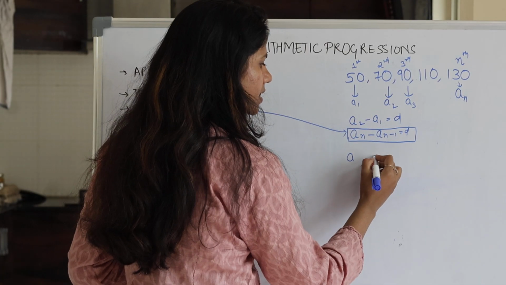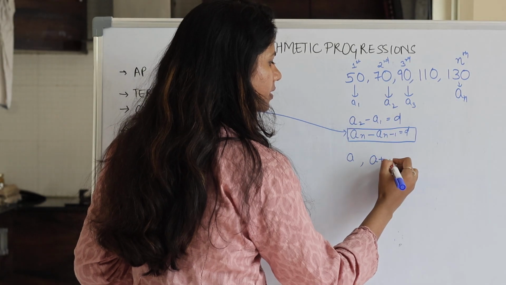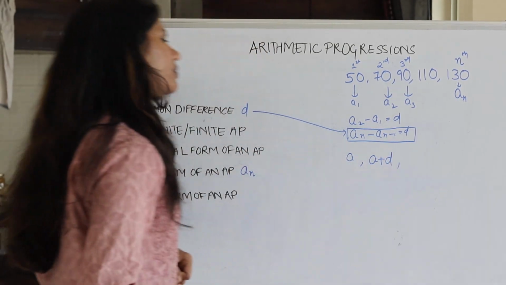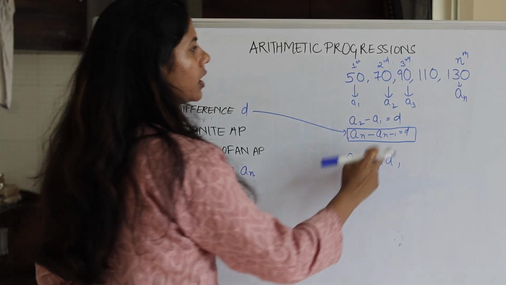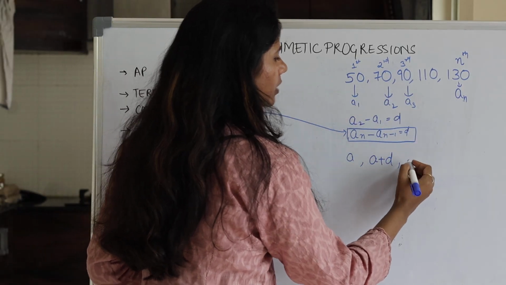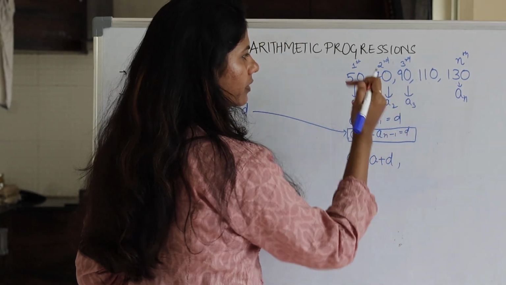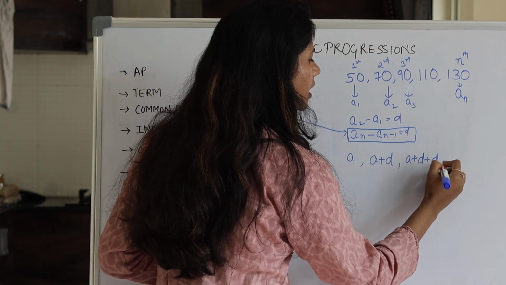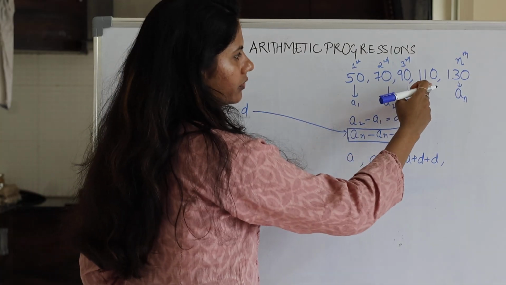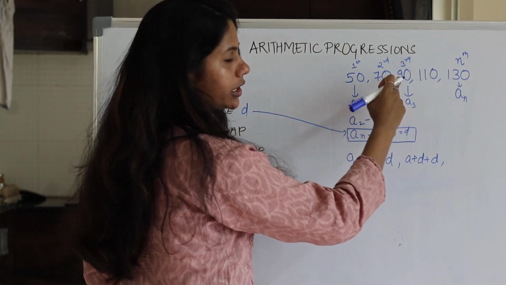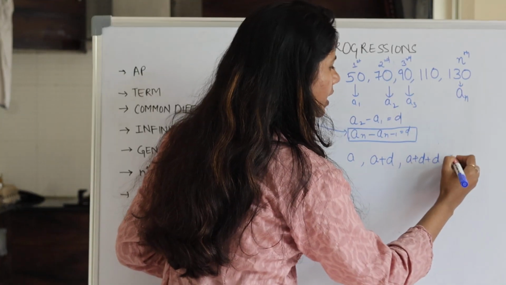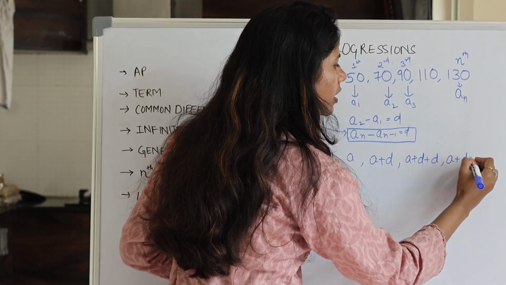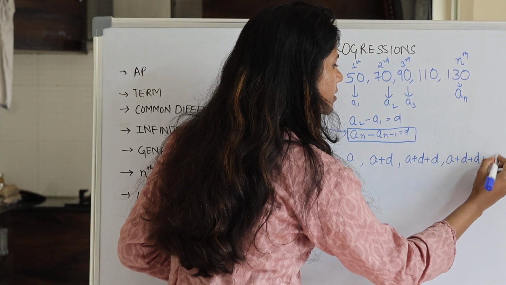Now if we add D to A, this is our second term, A2. The third term A3 is obtained by adding D to the previous term, so A plus D plus D. In the same way, the fourth term is obtained by adding D to the previous term, so A plus D plus D plus D.